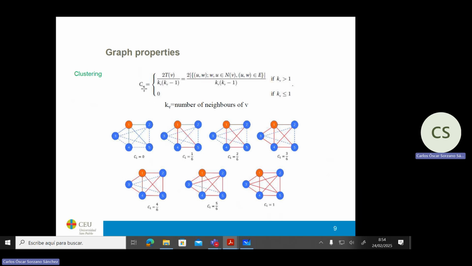So V is a node. The clustering of a node will be a number. If the number of neighbors is smaller or equal to 1, then it will be 0. And otherwise it is this number: 2 times a number that we haven't defined yet, divided by KV times KV minus 1. So except for this TV that we haven't defined yet, everything should be clear up to here.